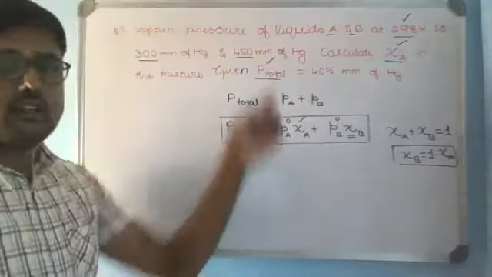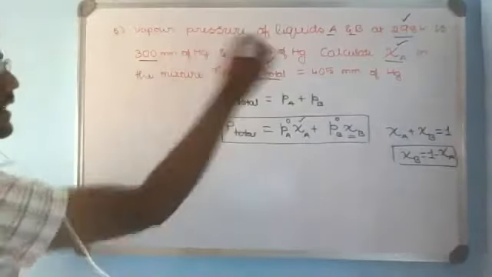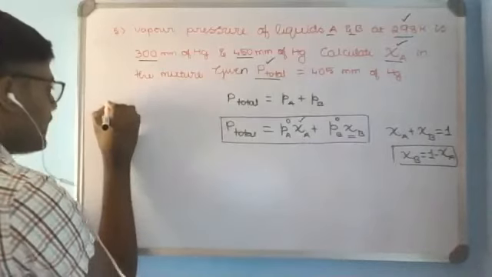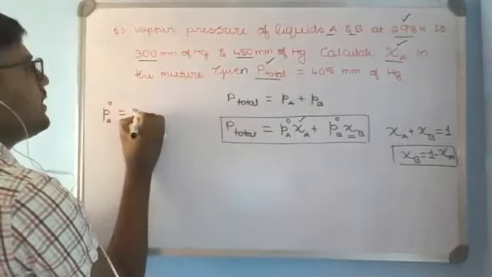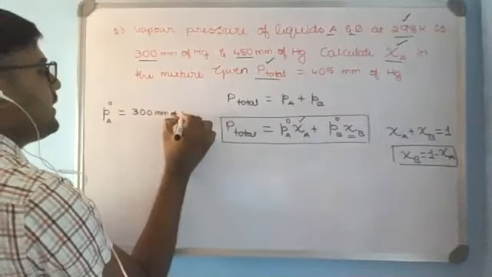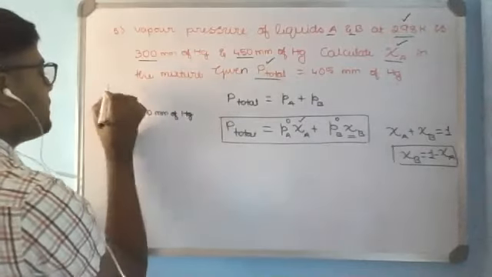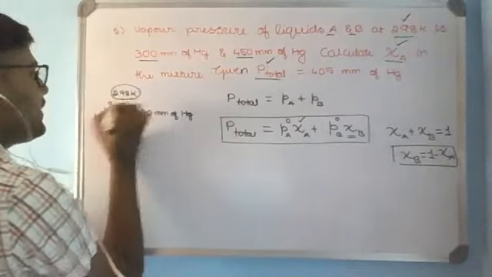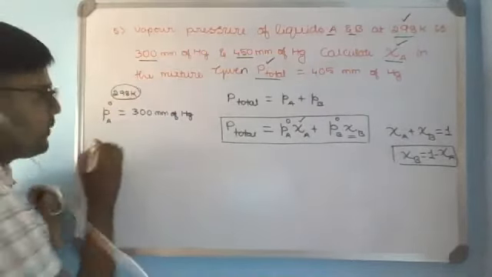Before going to that, we'll list the given data. For liquid A at 298 Kelvin, its vapor pressure is given as 300 millimeters of mercury. As it is given at a standard temperature, the vapor pressure can be taken in its pure form, PA naught.